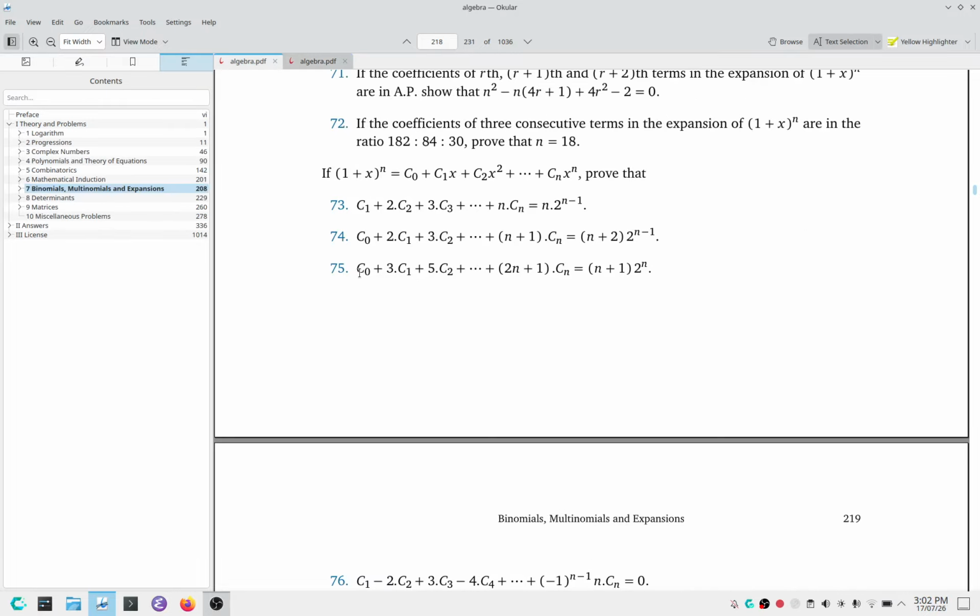Question 75 says that c0 plus 3c1 plus 5c2 up to (2n plus 1)cn is equal to (n plus 1) raised to the power n.